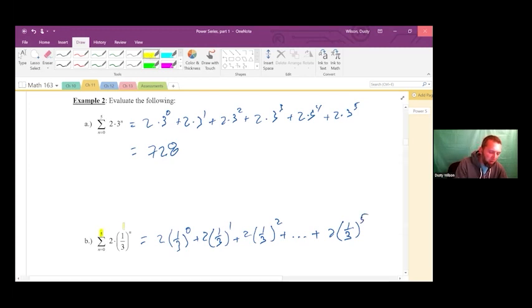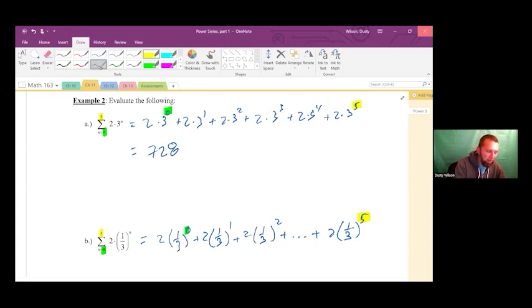Notice the highest power is showing up there at the end. The lowest power is showing up at the beginning. They won't always match perfectly, as we've seen in our previous examples, but in the cases where you just have a power of n, then they will match perfectly. So the first term matches the lower limit, the last term matches the upper limit.